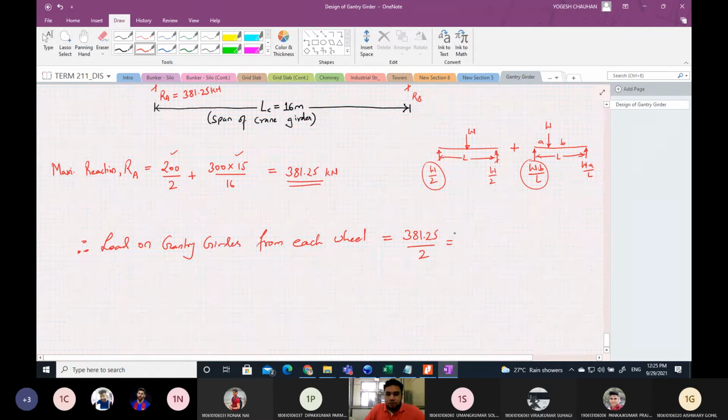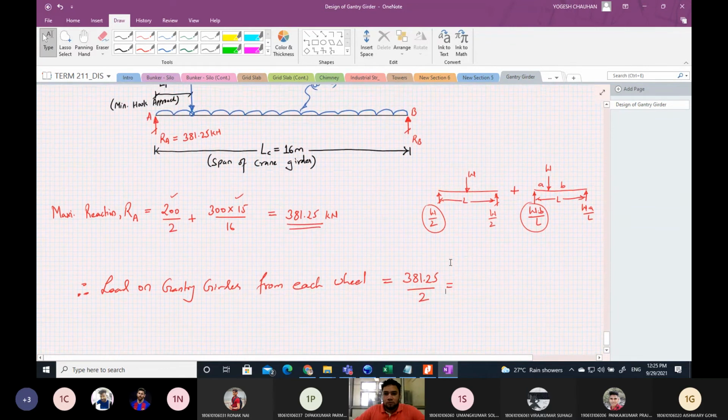How much is this? It will be 190.625, let us say 190.63.